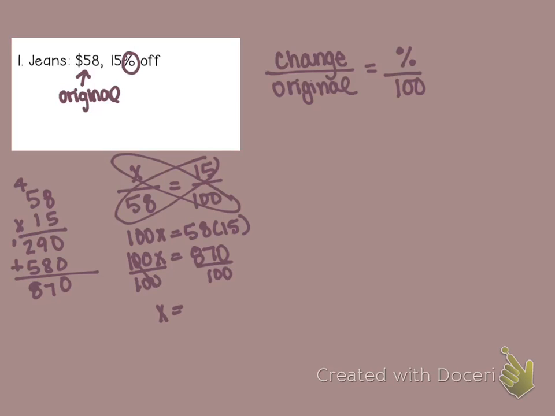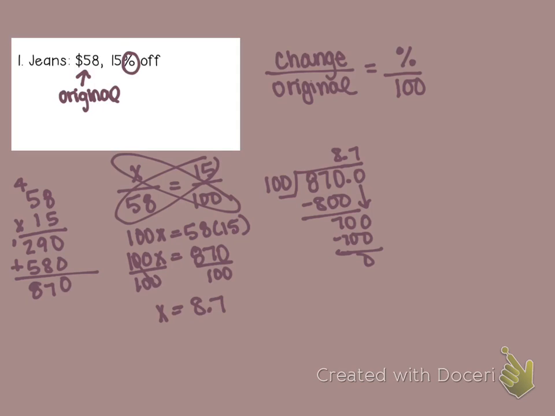X equals 870 divided by 100. 100 goes into 800 8 times. 870 minus 800 is 70. I have no other number to bring down, so this is where in division you add a decimal and a 0 and bring your decimal down, and 100 goes into 700 7 times. So my answer is X equals 8.7, but here we're talking about money.